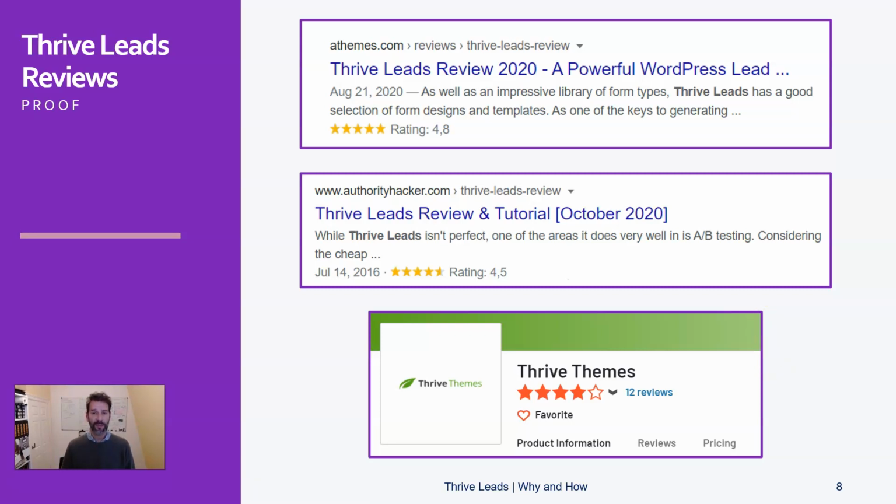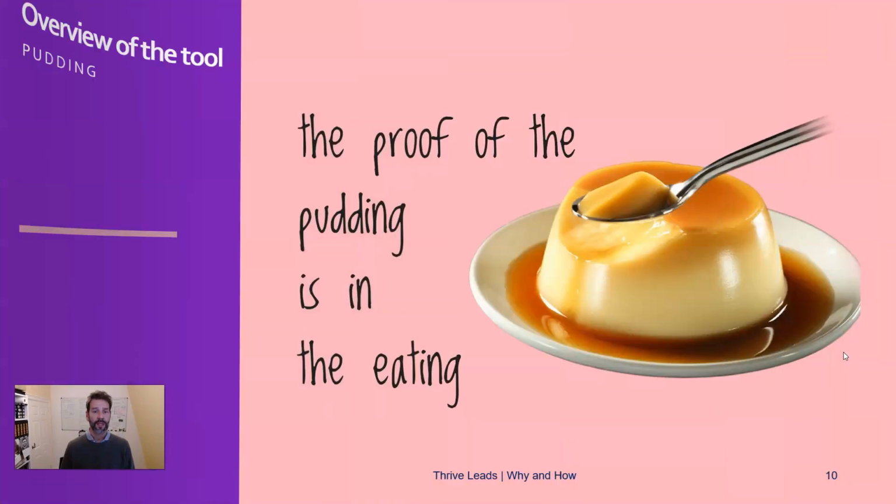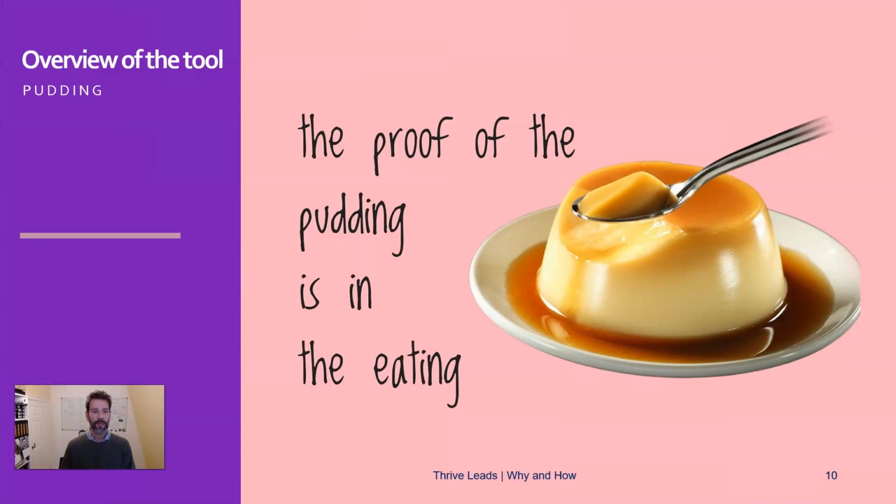I like Thrive Leads the most, especially because it gets the best results. And by best results, I mean the conversions. The automatic A/B testing, I might add, is a great benefit compared to the other ones, and that for a lot less money than you would spend on most of the competitors. But as usual, the proof of the pudding is in the eating, so let's go to the tool.